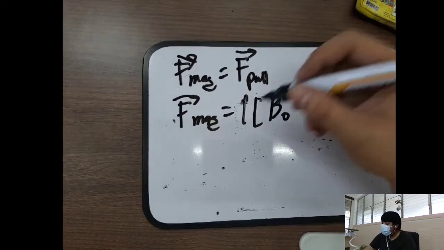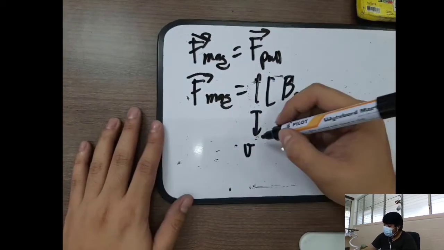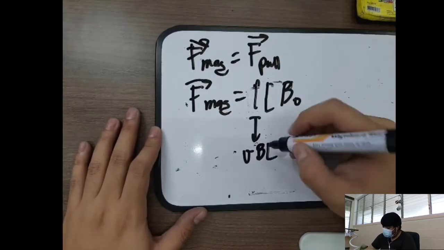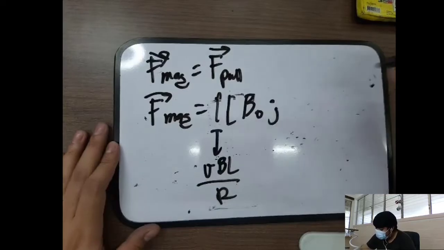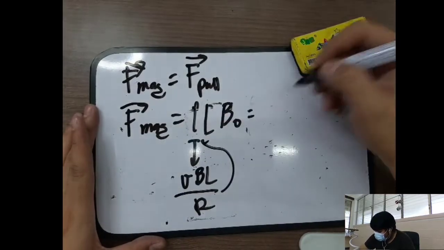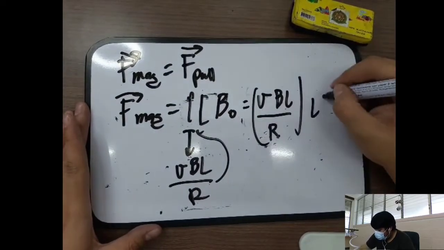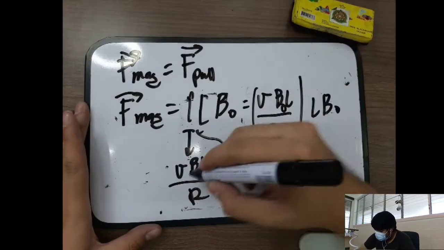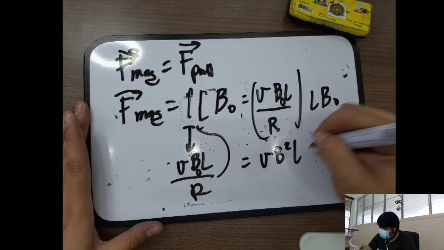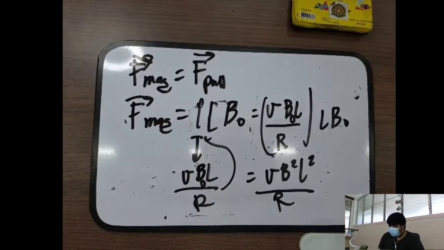Now, since we have obtained that the induced current is velocity times this one over R, we substitute this one here, and just distribute, so it will be B squared L squared v over R. That's it. Okay?